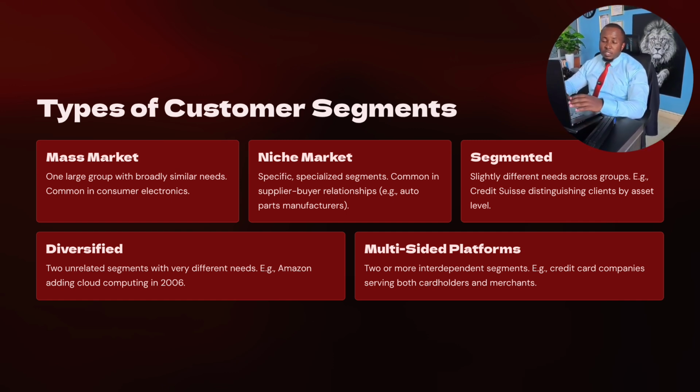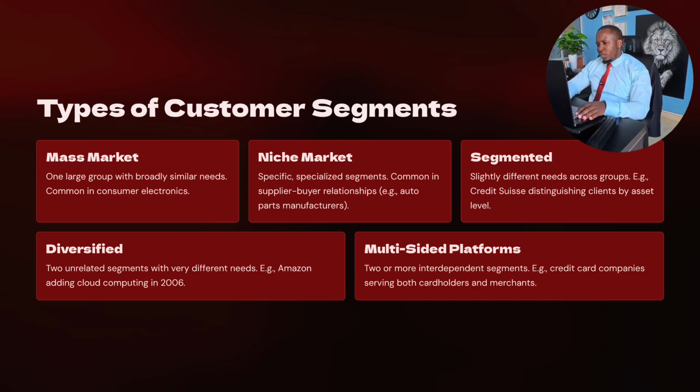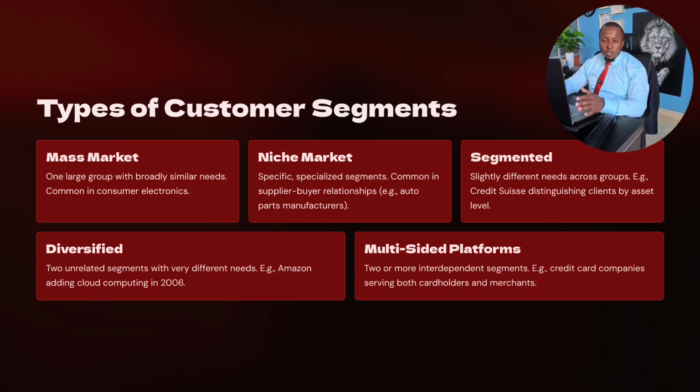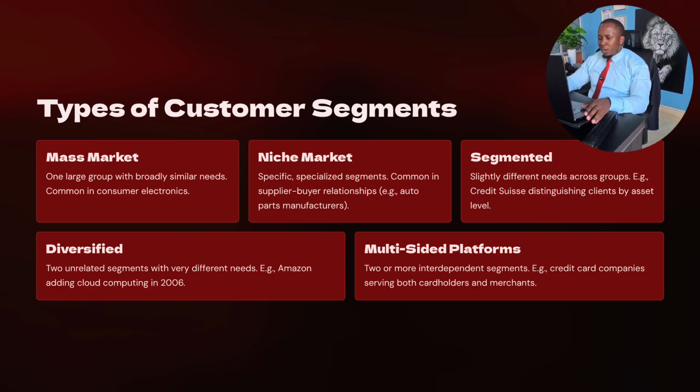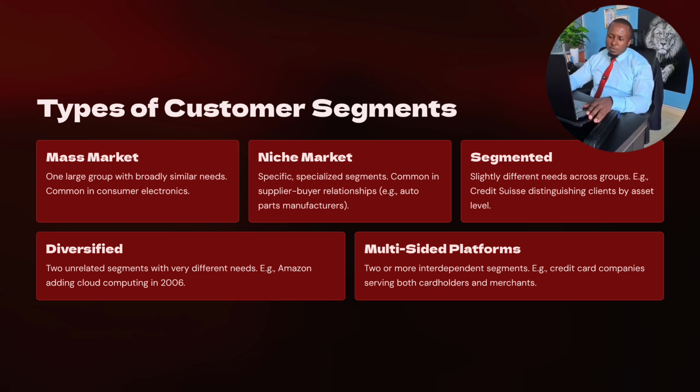Next, we have segmented customer segments. Here, these are slightly different needs across groups. For example, you might find a bank has a segmented customer base where they distinguish clients based on their wealth, or the size of their portfolio or savings, for example, when dealing with the financial bit. Next, we have diversified.